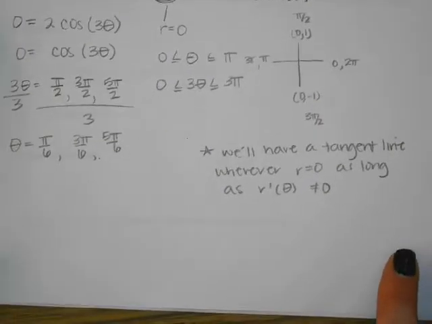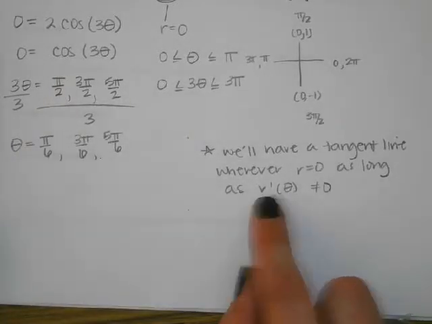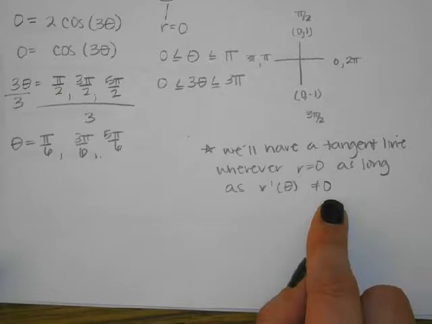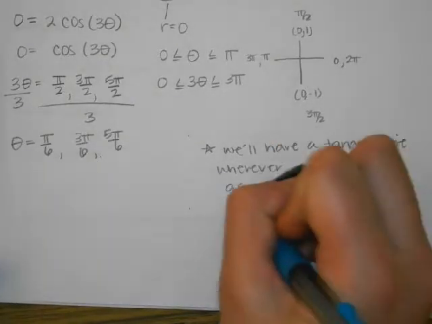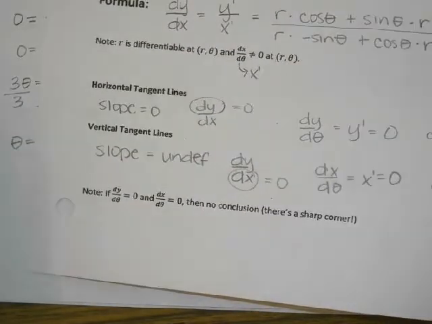We're going to have a tangent line wherever r equals 0. We just found 3 places where r equals 0, as long as r prime of theta does not equal 0. That's because of the definition of where things are differentiable.